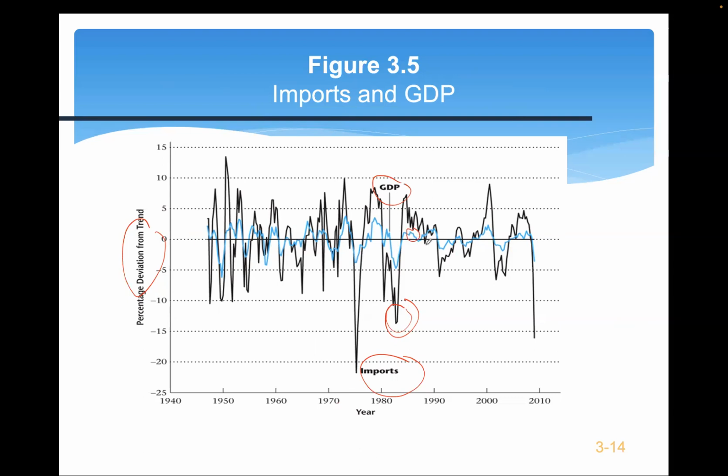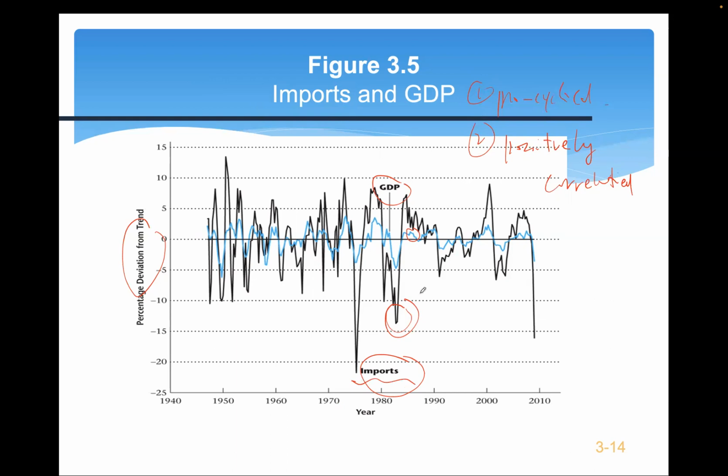This is number one. Meaning import is pro-cyclical, positively correlated with GDP, real GDP, right? There are two. And furthermore, in terms of fluctuation, what we notice is that import fluctuates more than GDP, right? So this is also reasonable.